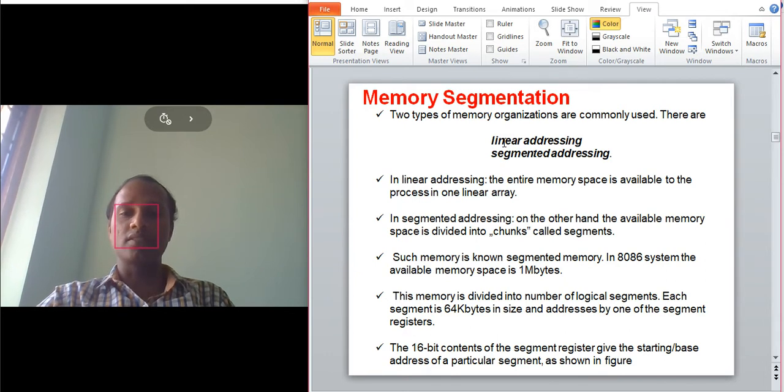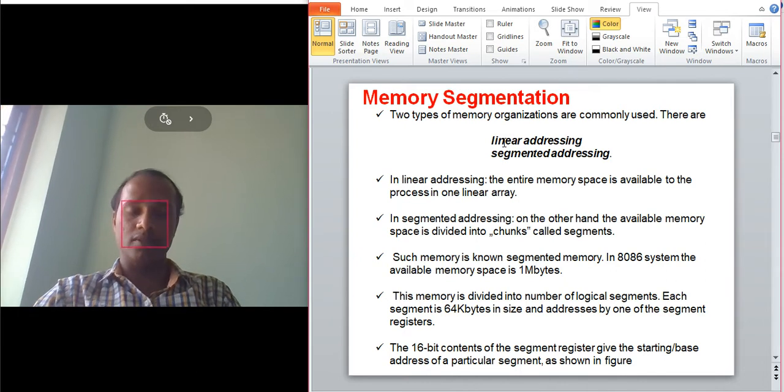So the 8086 microprocessor supports 1 MB of external memory.